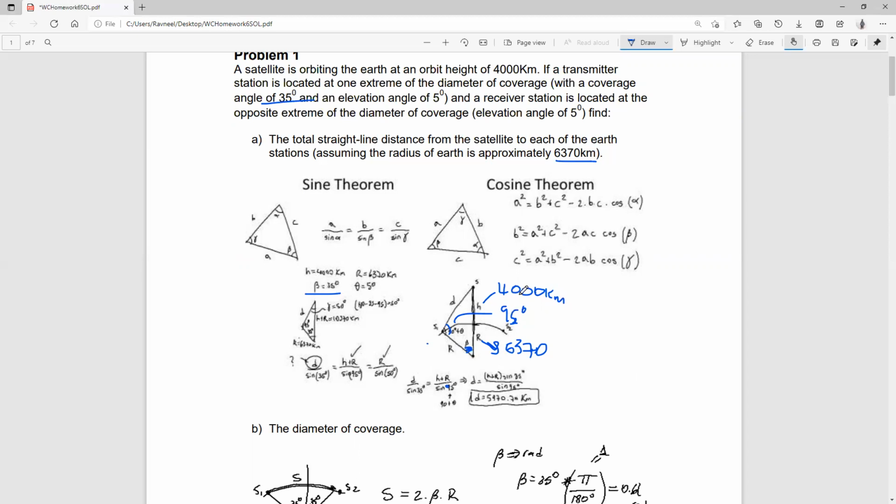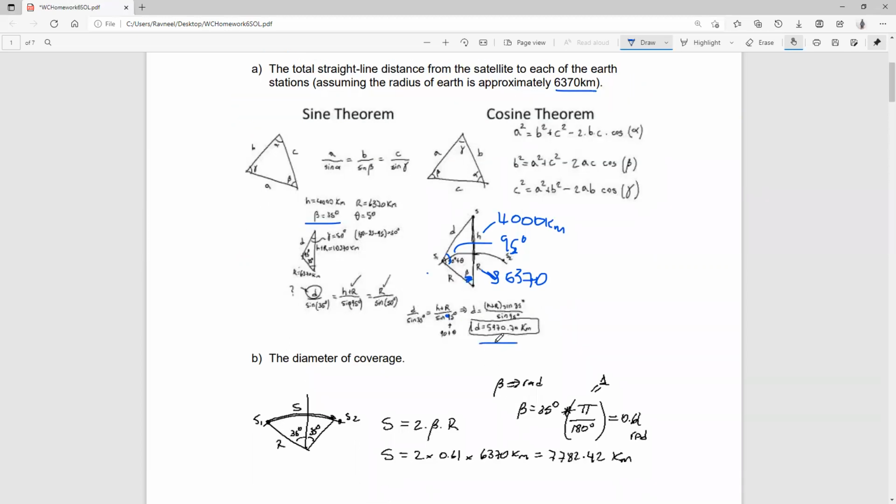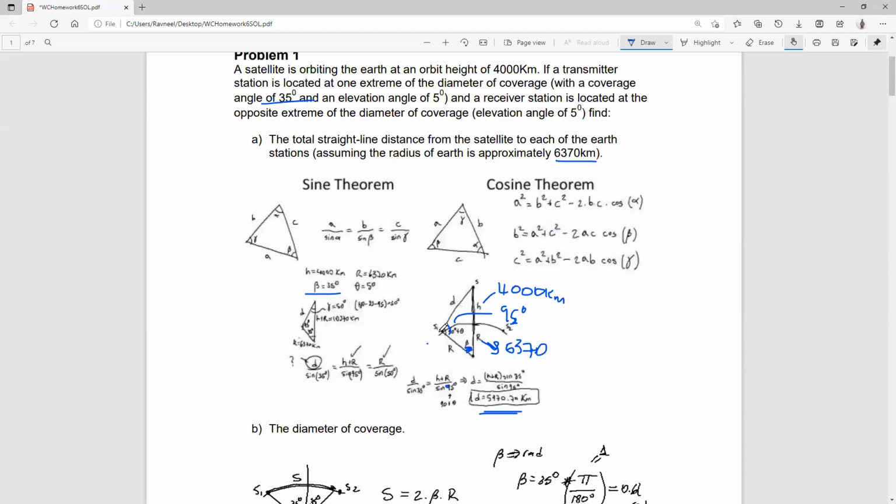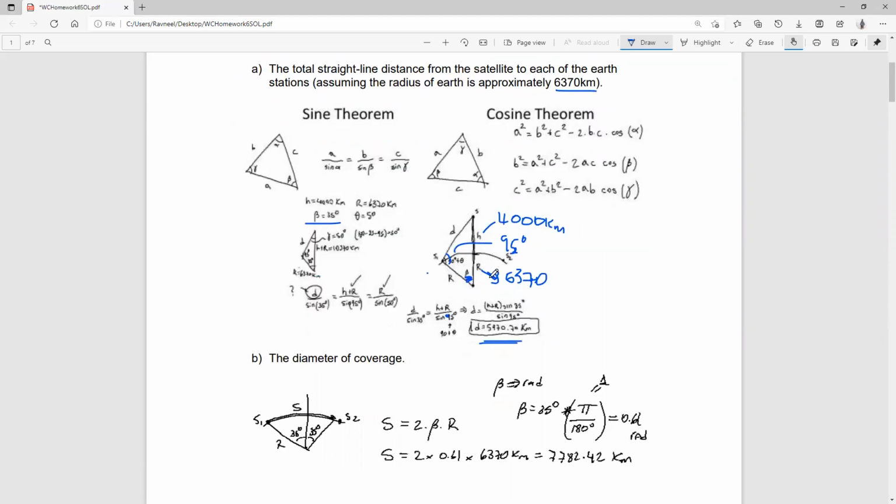Knowing h and r, 4,000 and 6,370 respectively, the d value is 5,970.7 kilometers. This is the distance from the satellite to one Earth station, and it is the same distance to the other Earth station.